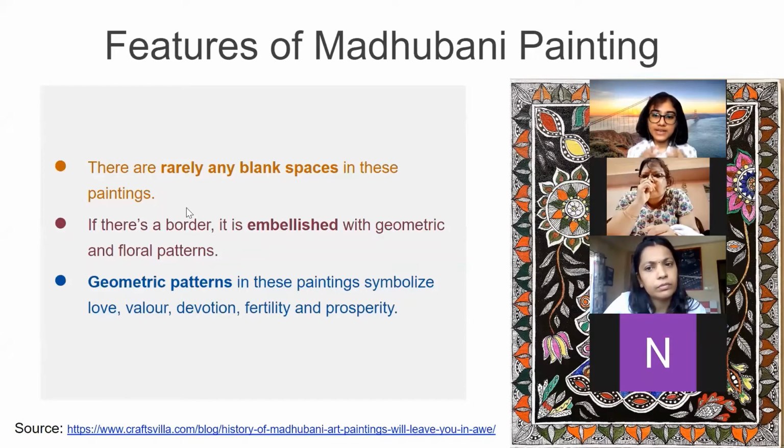And the borders, if there are any, are really embellished with designs. And geometric patterns over here basically symbolize love, valor, devotion, fertility, prosperity in terms of the scope of Madhubani painting.